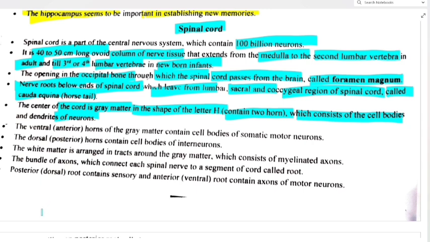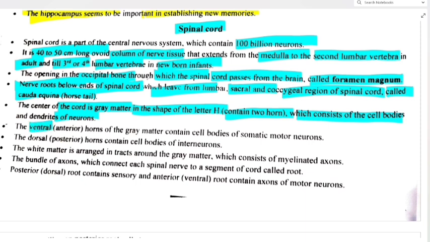We know now that this grey matter is formed by cell bodies, and white matter is made by axons.